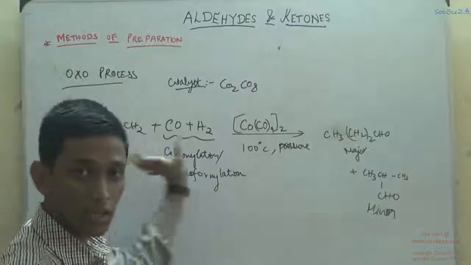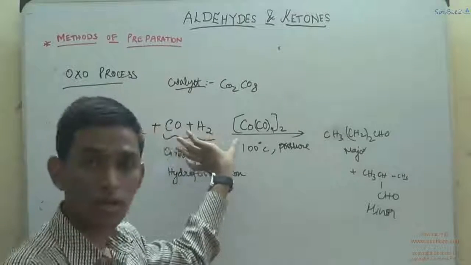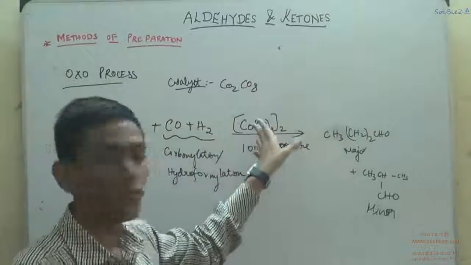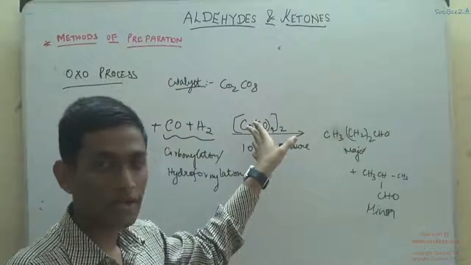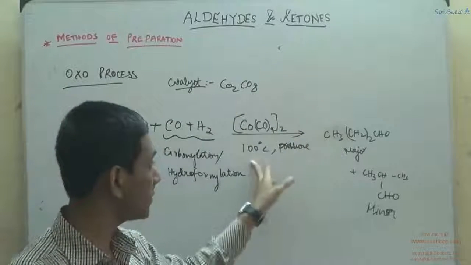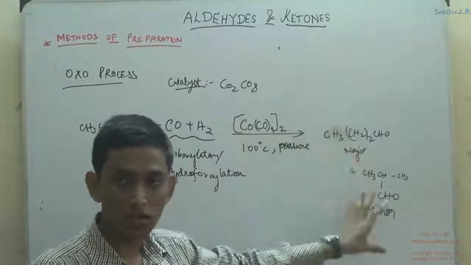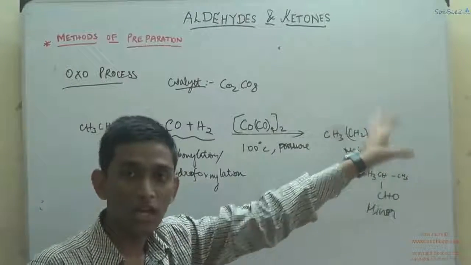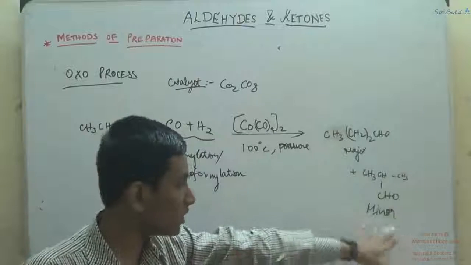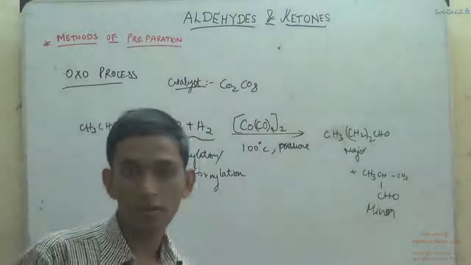So alkene with CO in presence of hydrogen, with dicobalt octacarbonyl as the catalyst, at 100 degrees Celsius and pressure, you get a mixture of aldehydes. Terminal aldehydes are always the major product in this reaction, whereas non-terminals are the minor product.